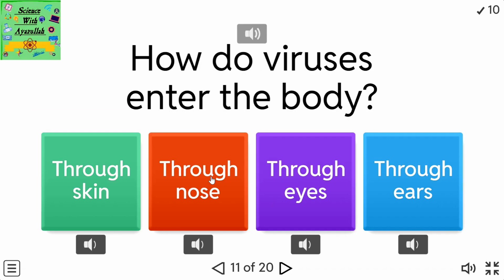How do viruses enter the body? Through skin. Through nose. Through eyes. Through ears.